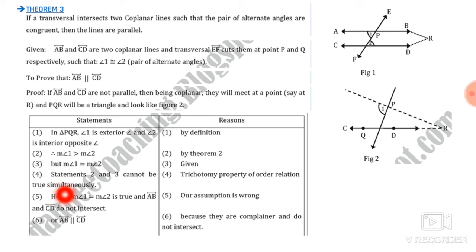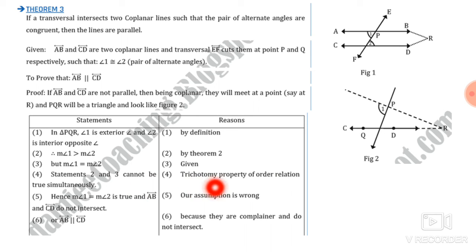It means angle number 1 equals angle number 2 is true because it is given, and we assumed that angle number 1 is greater than angle number 2, so that may be wrong, and the thing which is given will be correct. Hence angle 1 equals angle 2 is true and AB and CD do not intersect.